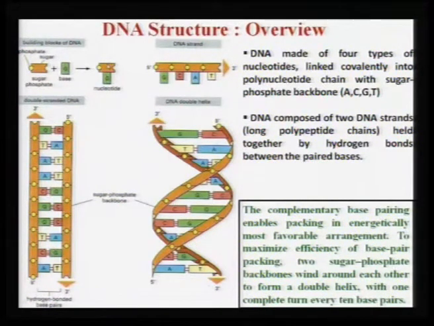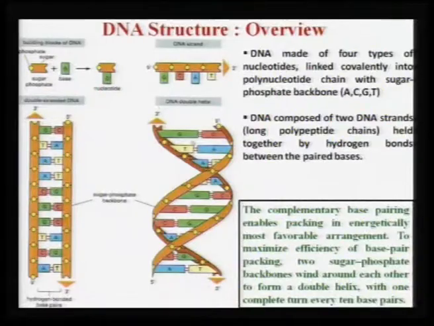When I say nucleotide sequence, it means that the sugar phosphate remains the same, and only the base is different. The base here is mentioned as G. There are four types of bases: A, T, G, C. A for adenine, T for thymine, G for guanine and C for cytosine. So, these are the four bases.